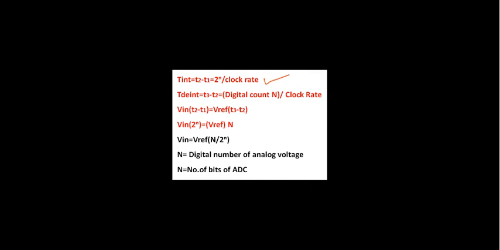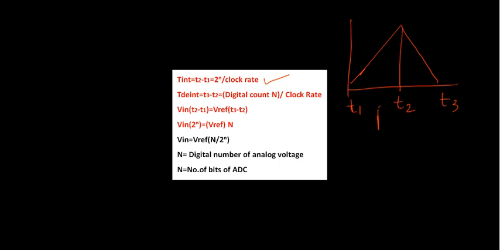This is my T1, this is my T2, this is T3, and this is my TINT, and here is my TDEINT. So TINT is T2 minus T1, and it is 2 to the power of n divided by clock rate, where n is the number of bits of your ADC.